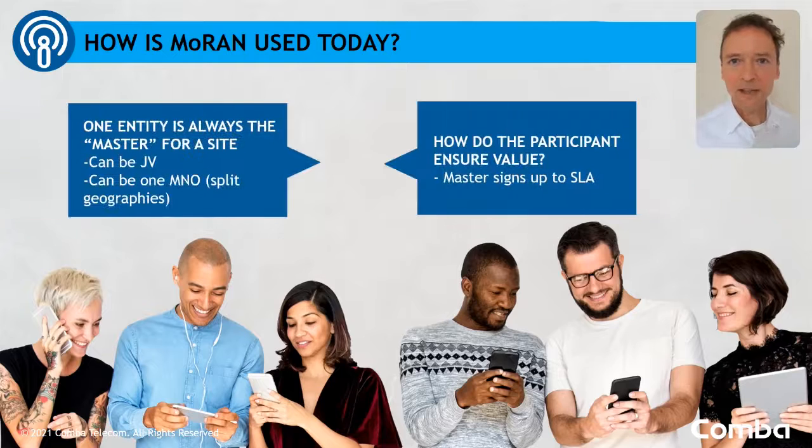After some head scratching a decade back on the challenges, we ended up with some working commercial models. They are based on one entity being responsible for the site and the SLA it delivers. Typically, this is executed through a JV having an SLA agreement to multiple MNO participants, or by using a geographical split between the different MNO participants.